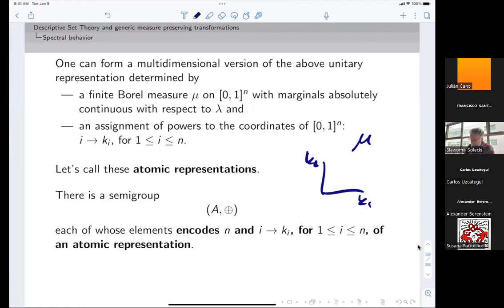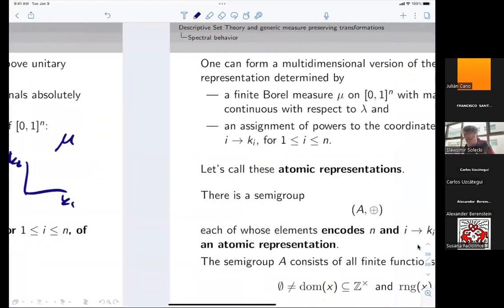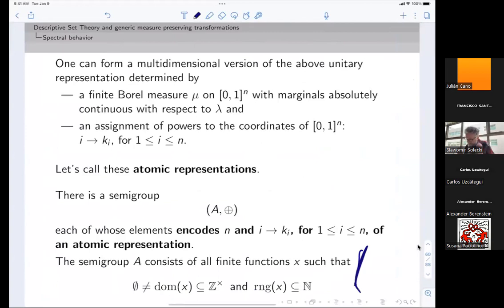This sequence of powers is coded, I will not go into it, by a certain countable semigroup. An element of that semigroup encodes n, how many coordinates I take, and it encodes how these powers are assigned to the coordinates. So I'll have an element of the semigroup. It's very simple to define, but I don't want to spend time on it. This is how it's done. Let's just not worry about this.